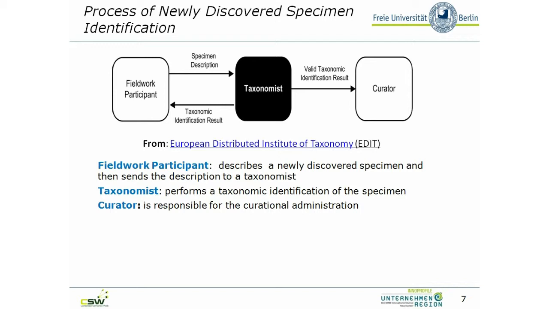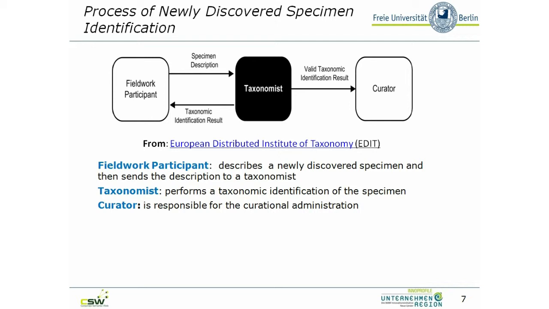The first actor is a fieldwork participant, who first discovers a specimen and its features, and then sends it to a taxonomist to identify. The taxonomist, the second actor, receives the specimen description and identifies it based on his experience or knowledge, and sends the result to the curator for management and to the fieldwork participant respectively.